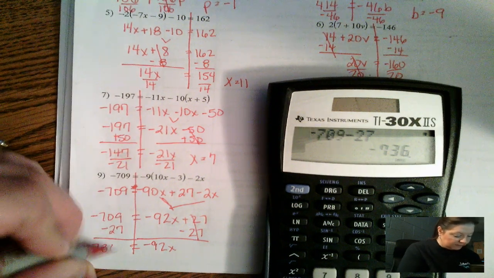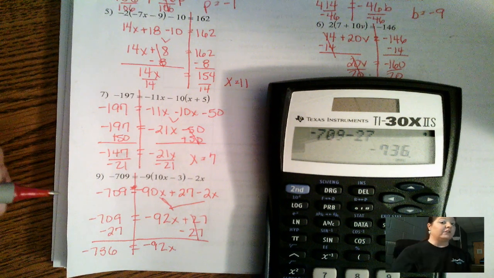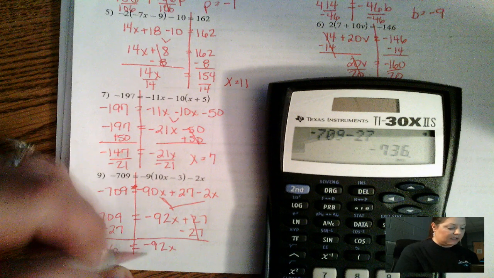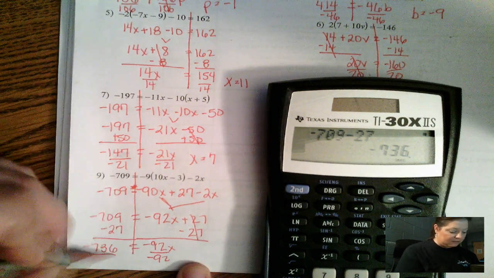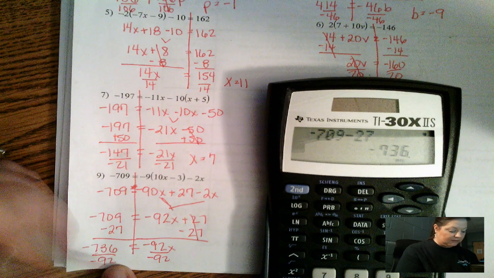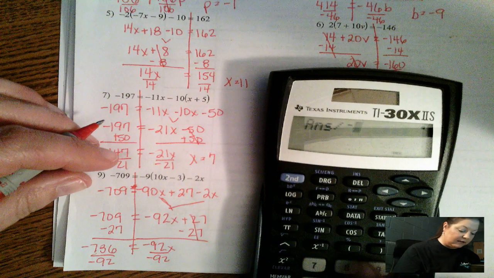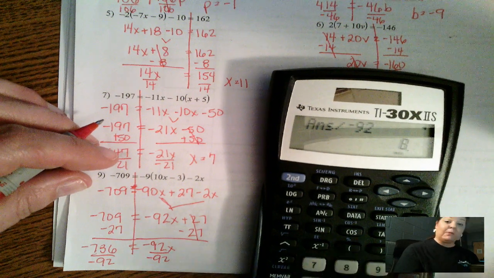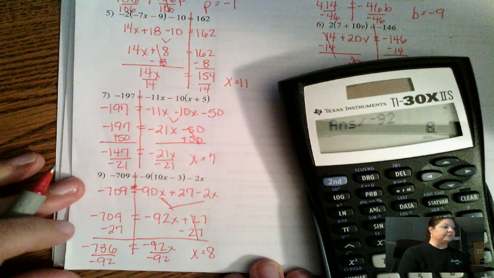Negative 736, because remember, you're going negative, then another negative, so you're going further down the number line on negative. So let's see what x is. You divide by negative 92 on both sides, which gives you positive 8. X is equal to 8, okay?